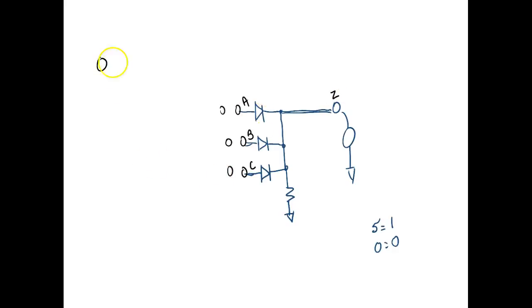How many combinations can I put on the input over here, by the way? How many inputs do I have? I have 3. Each one of them I could start counting, right?